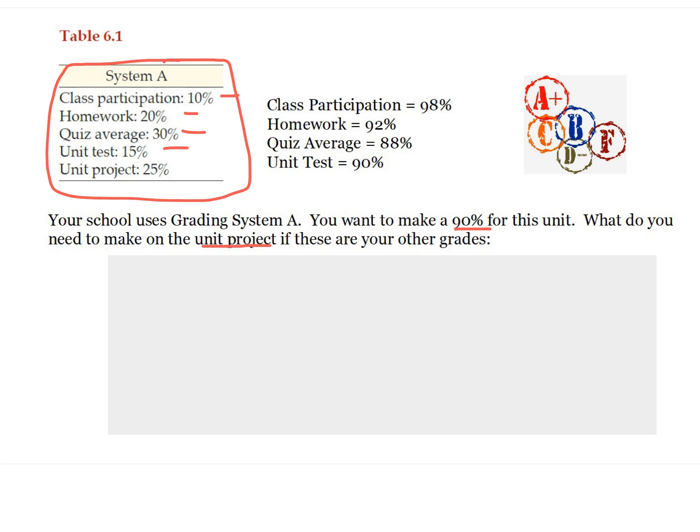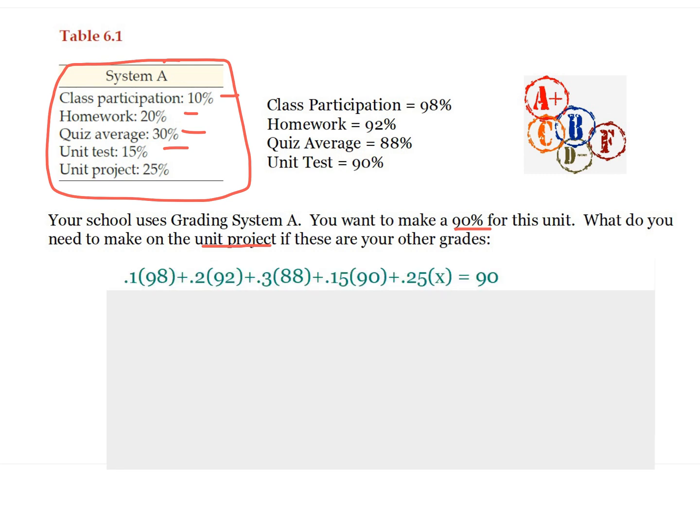So here's how we would set it up. So first of all, we would set up everything, including our unknown. So our 98 participation grade is going to go in at 10%. So 10% is 0.1. We made a 92 on our homework average, and that's a 20%, so that'd be 0.2. The quiz average was 88, which is 30% of our grade, so that's 0.3.